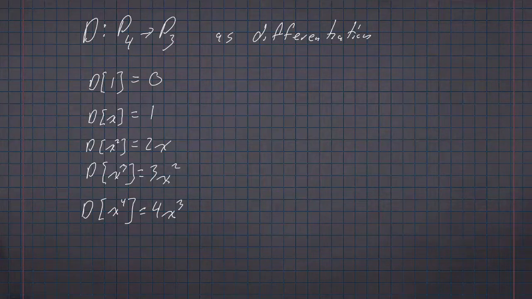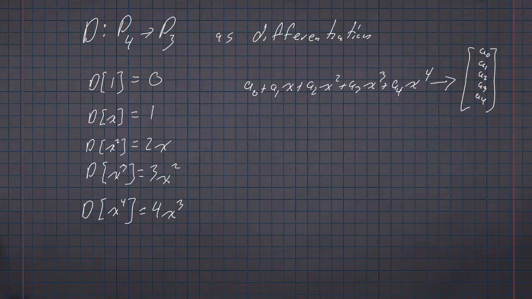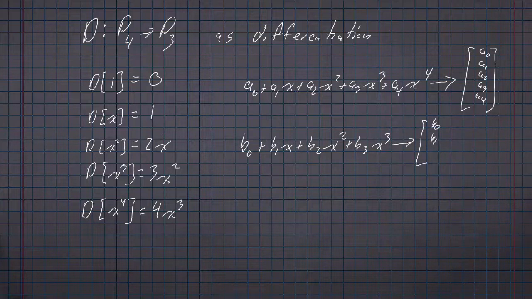Now, we know that the canonical isomorphisms are going to map a0 plus a1x plus a2x squared plus a3x cubed plus a4x to the fourth to the vector in R5, (a0, a1, a2, a3, a4), and in P3, b0 plus b1x plus b2x squared plus b3x cubed is the same thing as (b0, b1, b2, b3).